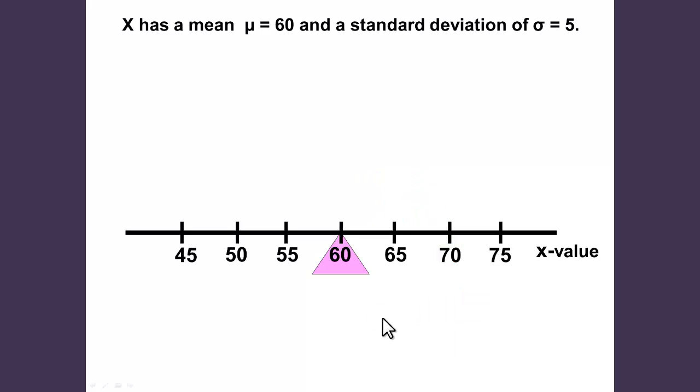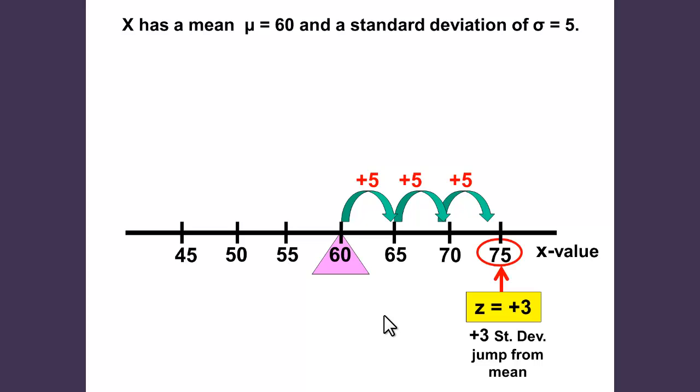Next, let's look as this pattern continues as we look at 75. 1, 2, 3 jumps brings us to the x value of 75, corresponding to a positive 3 z-score, positive 3 standard deviation jumps from the mean of 60.